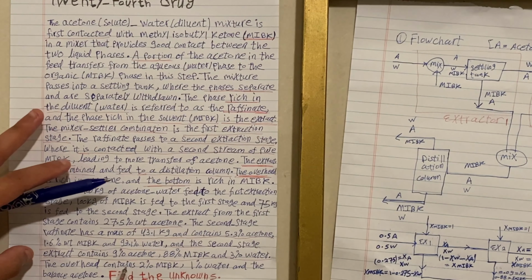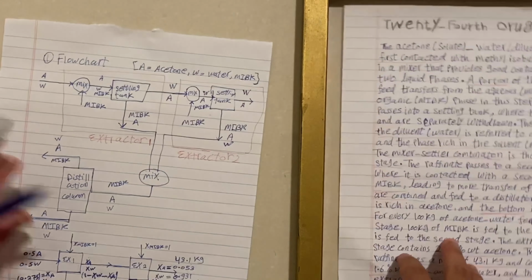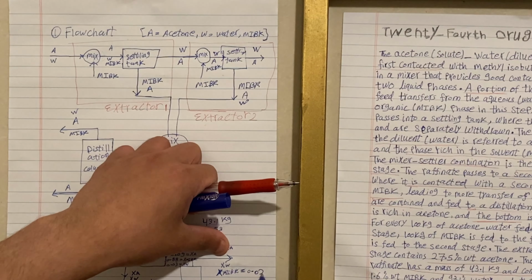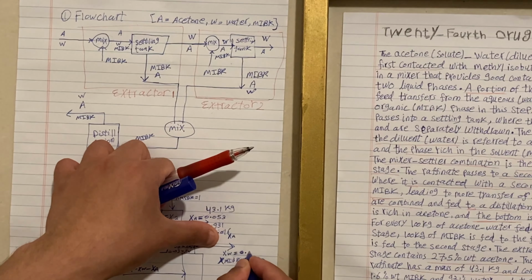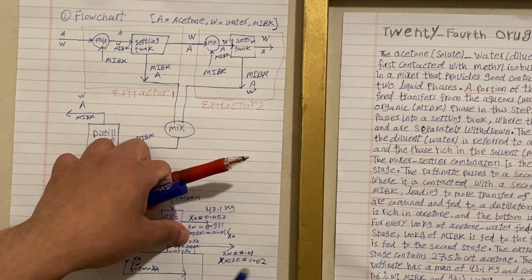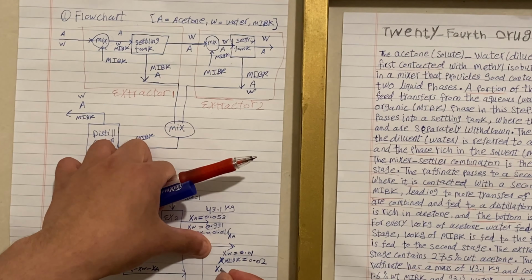The overhead contains 2% MIBK, 1% water, and the balance, which means the remaining, acetone. XMIBK 0.02, 1% water, which means 0.01 water, and the balance is acetone, which means 1 minus 0.02 minus 0.01, which is 0.97 of acetone.